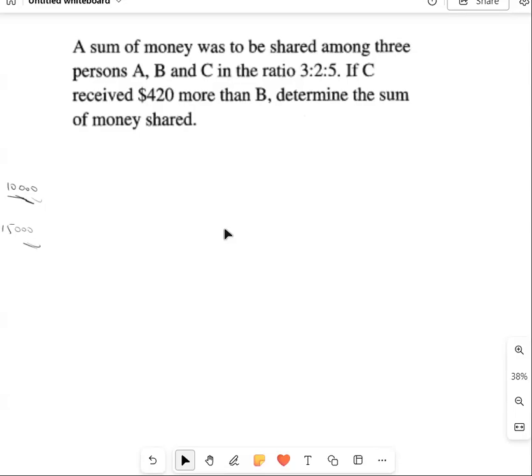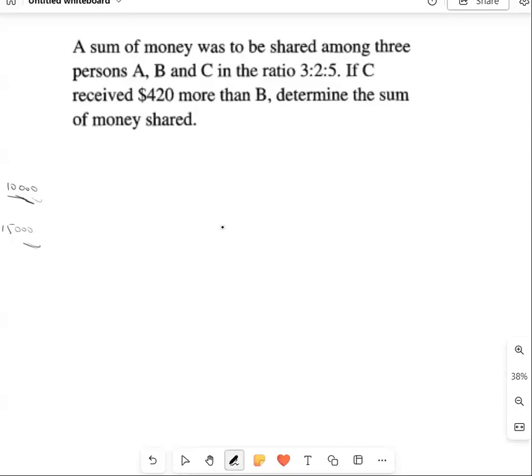But they give you a clue. The person C will receive $420 more than B. And you are to use that information to determine the sum of money shared, right? C is receiving $420 more than B.